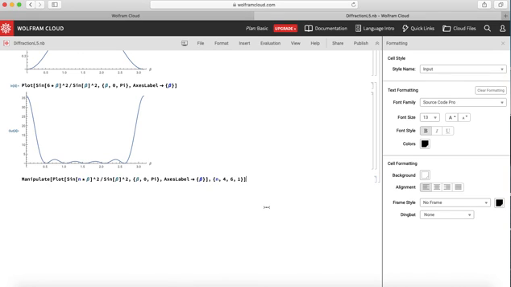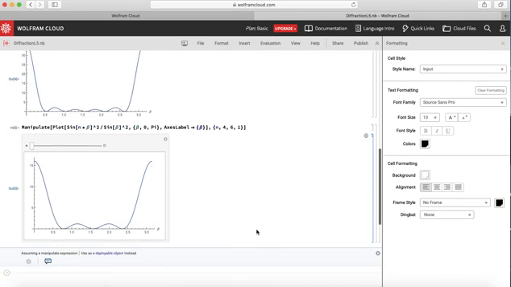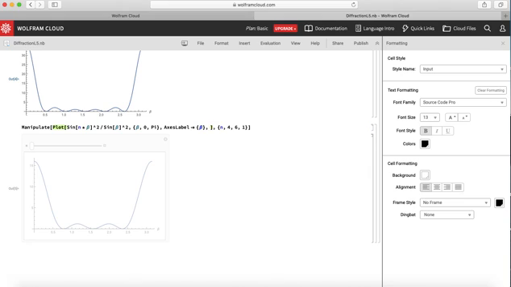I think this is fine. We'll just check. Yeah, very nice. Also we can do one more thing. I would like to shade, filling, axis.